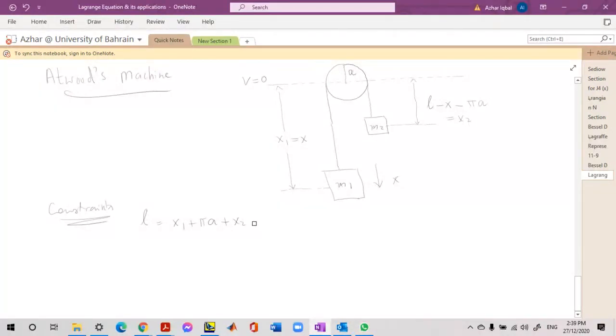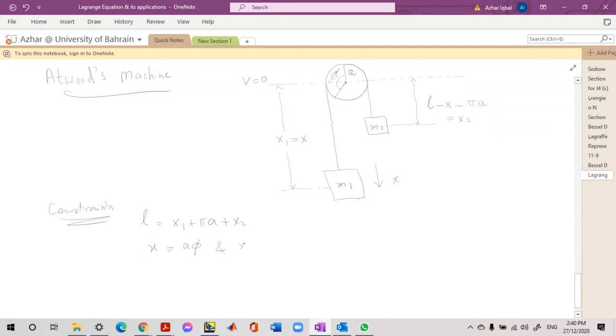So L is given by this. This is one constraint which you can easily notice here. And the second one is that the displacement of the weight with the mass m is given by the rotation of the pulley through an angle phi. For instance, if you connect the center here, and the rotation is through this angle phi, then the distance x through which the mass moves will be a phi.